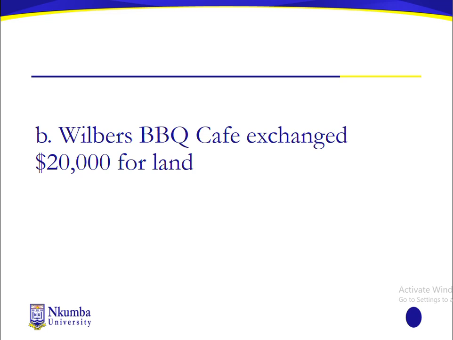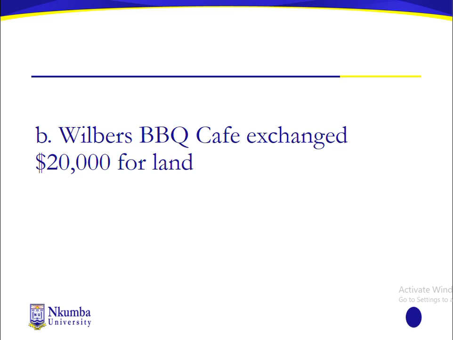So we are going to see this transaction. What is it affecting? We need to look at which accounts are affected. Wilber's Barbecue Cafe exchanged 20,000 US dollars for land. Okay, so now we start to see which accounts. We have an account here which is called land, which is a fixed asset, and another account where the money which is going to buy land is coming from.